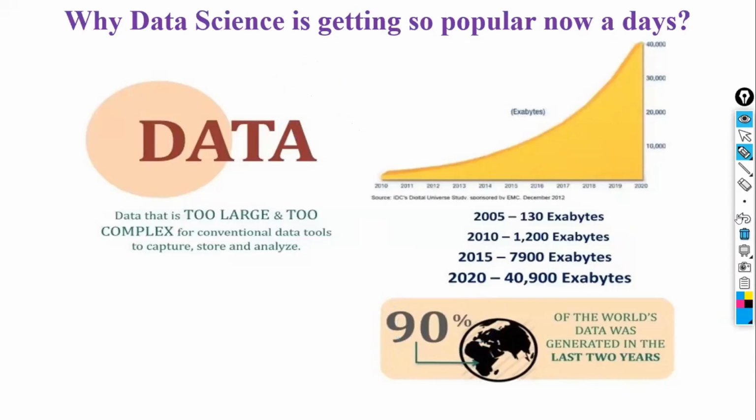For that huge amount of data, who is going to analyze it? Data scientists. That is the reason data science is getting so popular. That is why IITs and IIMs are introducing data science courses. The reason is very simple: data is very large.